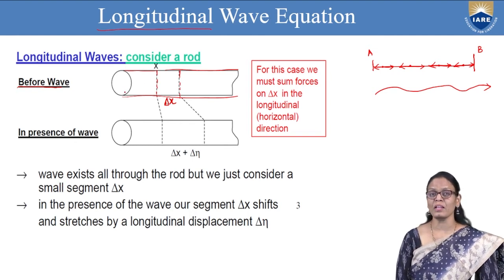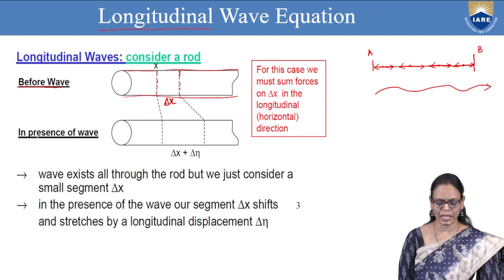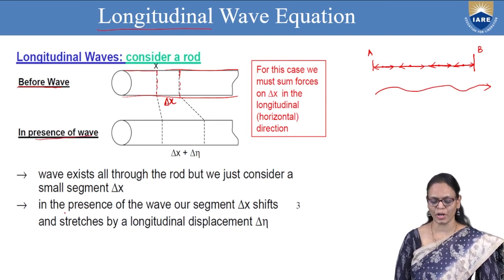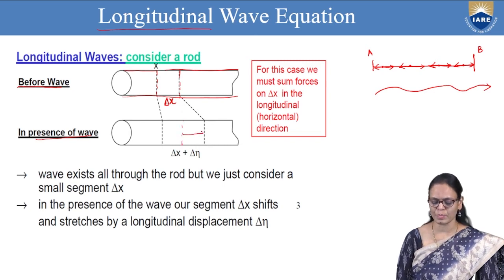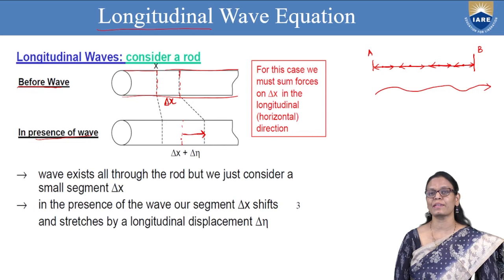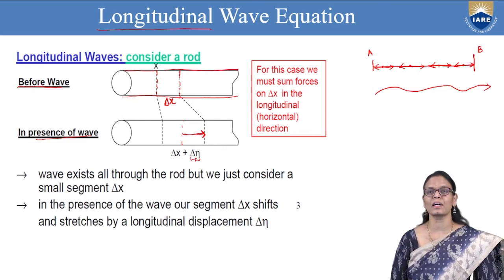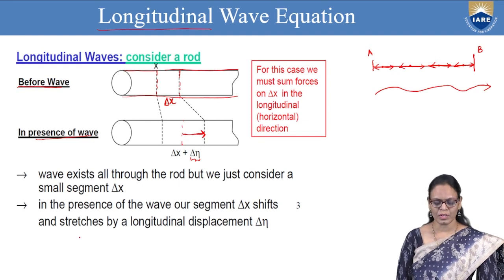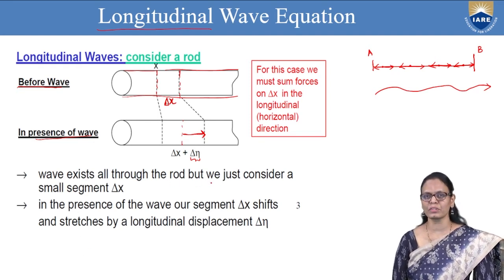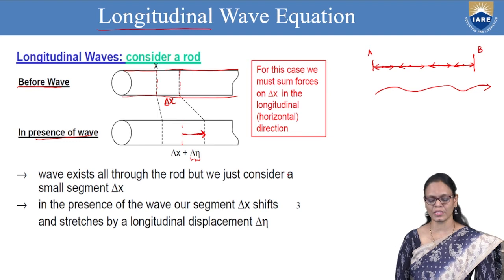Now, when a wave moves through this rod, that is, in the presence of the wave, this layer which is here gets displaced. So when the particles vibrate like this, the layer is getting displaced. It is displaced through delta n. The wave exists all through the rod, but for our study, we just consider a small segment delta x.